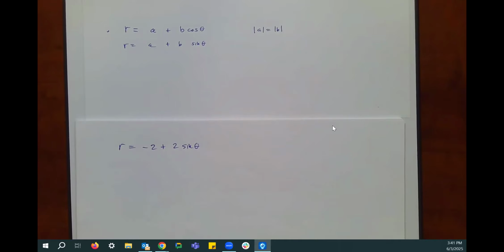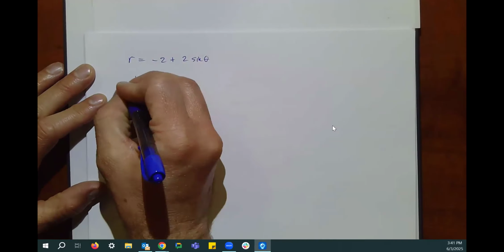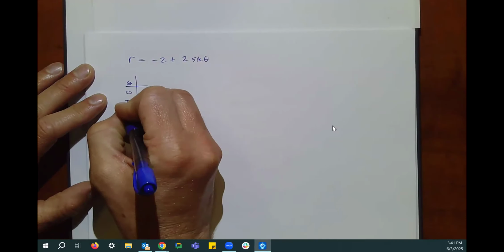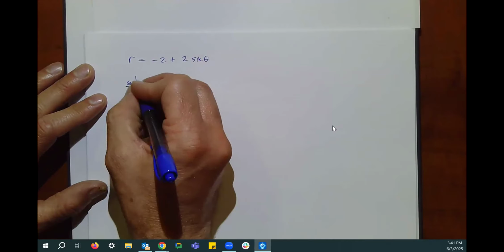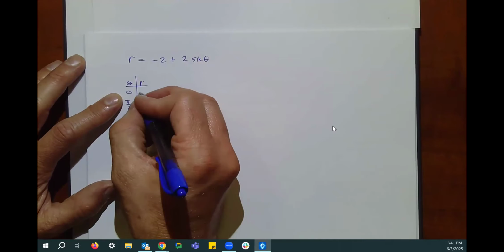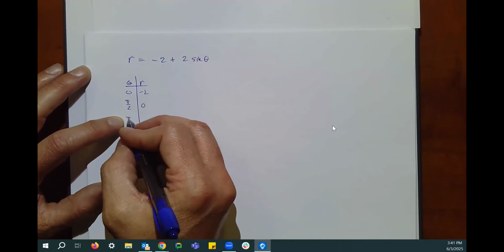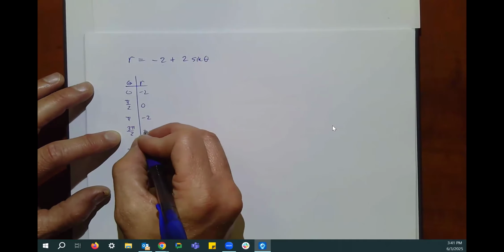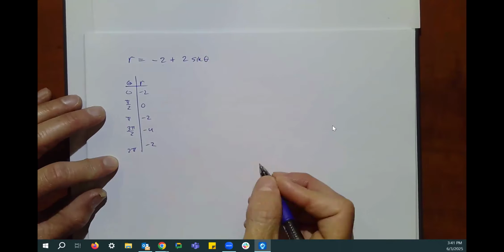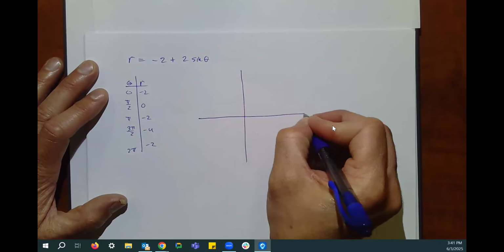So again, I'm just going to pick the same angle values: 0, pi over 2, pi, 3 pi over 2, and 2 pi. My r values are going to be -2 plus 0, -2 plus 2, -2 plus 0, -2 minus 2, and -2 plus 0. This one's kind of funky in that everything's going to be pointing in the opposite direction.